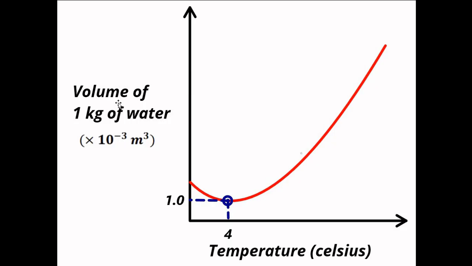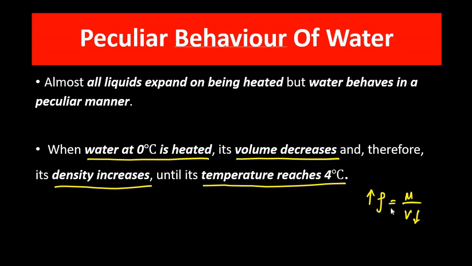So we have volume of 1 kg of water and temperature here, temperature in the x-axis, volume in the y-axis. So from 0 to 4 degrees Celsius, volume keeps on decreasing. Now as volume is decreasing, density will increase, because density is inversely proportional to volume.